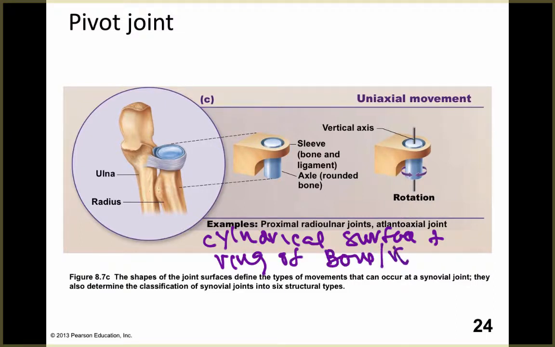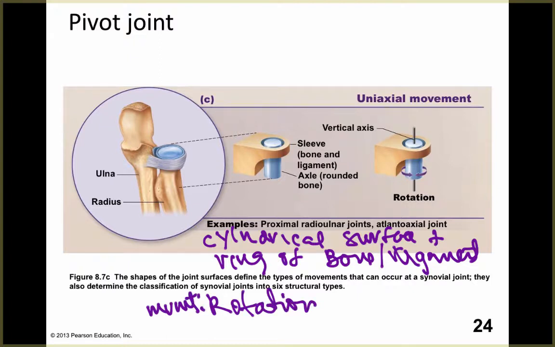So here, the movement that you're going to get is rotation. A perfect example is the proximal end of the radius and the ulna. Here it's called the radial ulnar joint.